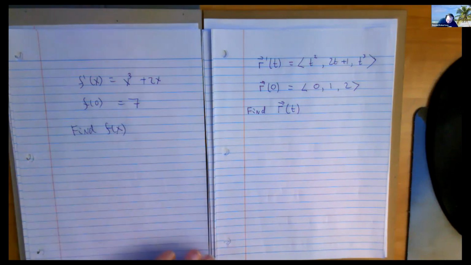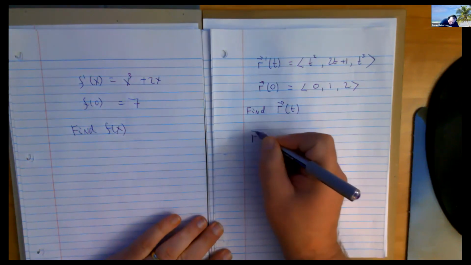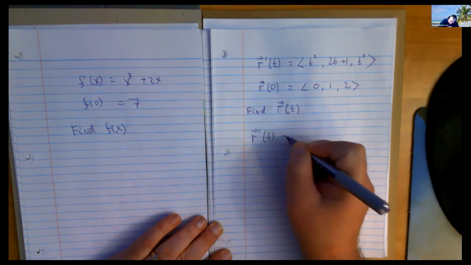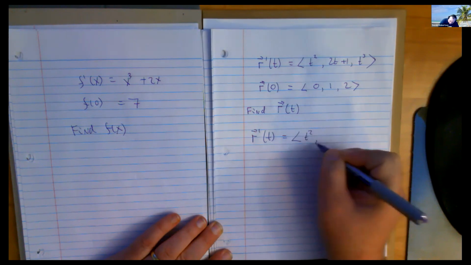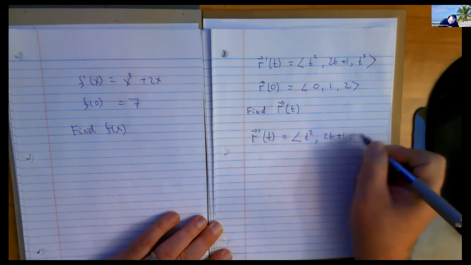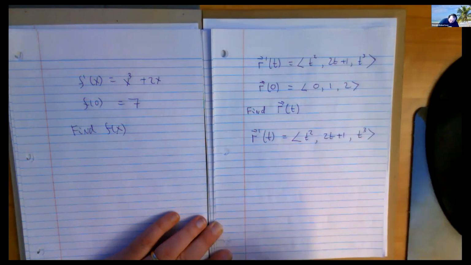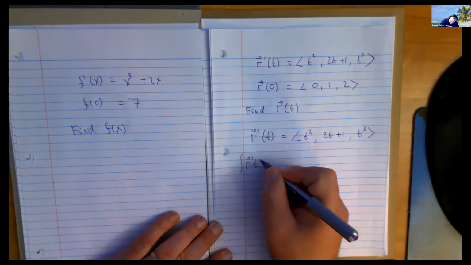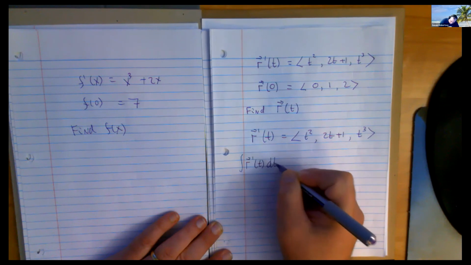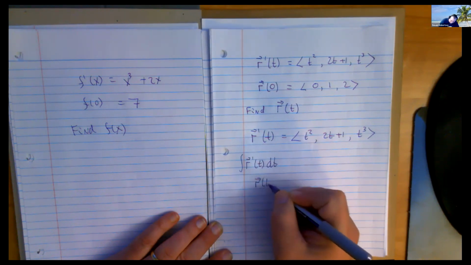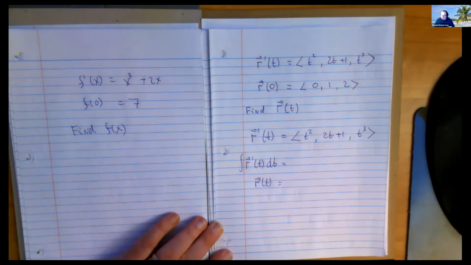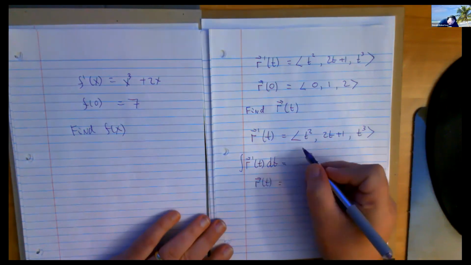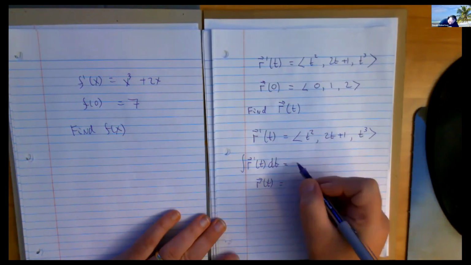Well, let's look at that and do the same thing. So I have t squared, 2t plus 1, t cubed. If I integrate this fella, won't that be the guy I'm looking for, right? So I'm going to integrate each one of these fellas and see what I get.